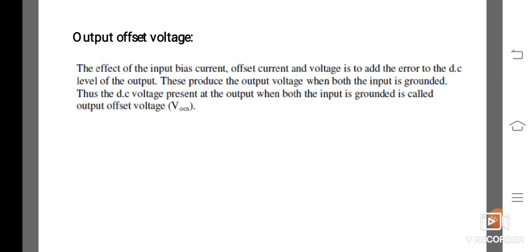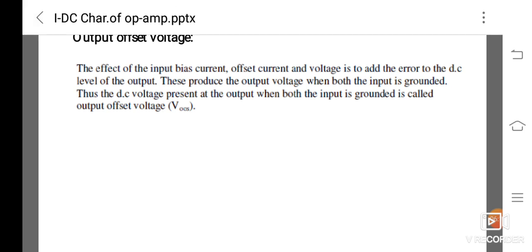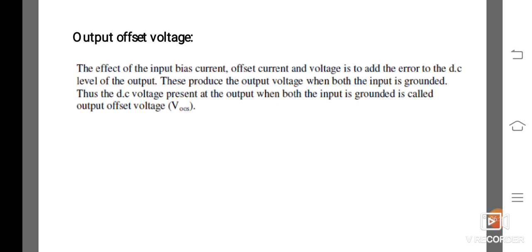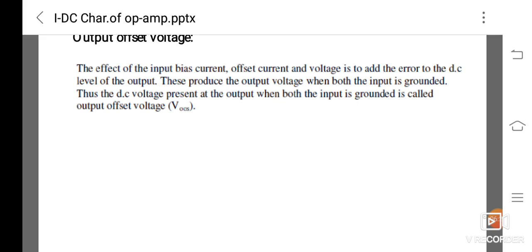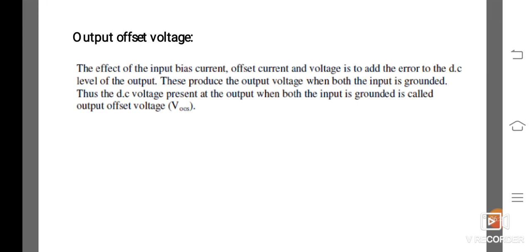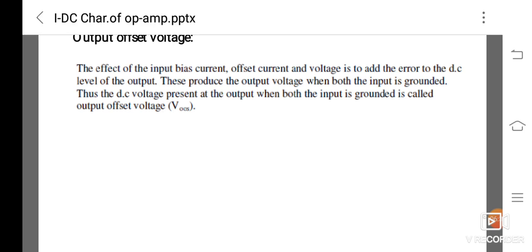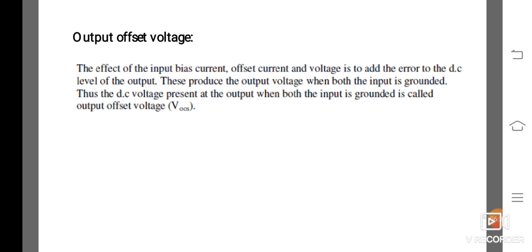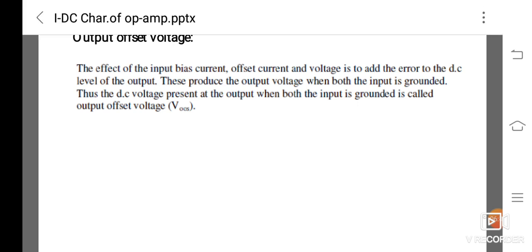Due to this, there may be some output at the DC level when both inputs are grounded. Thus the DC voltage present at the output when both inputs are grounded is called the output offset voltage.